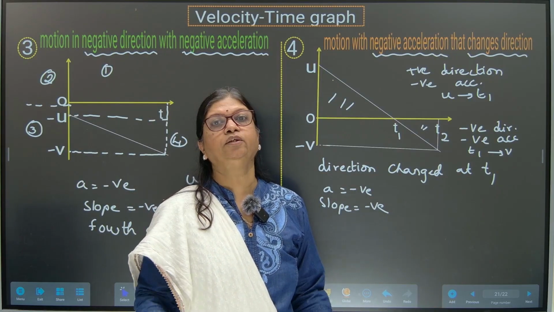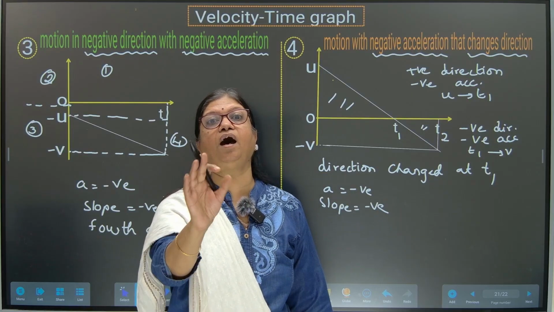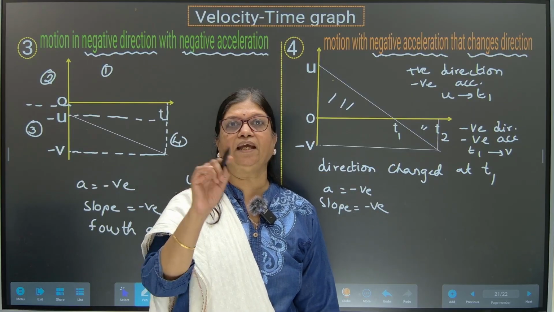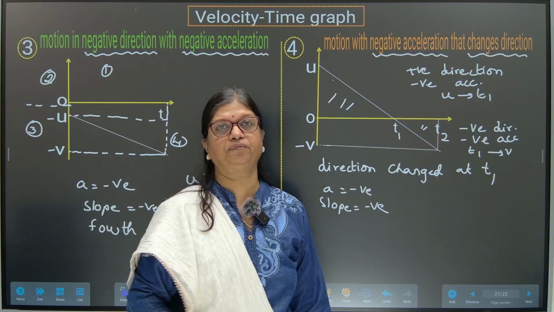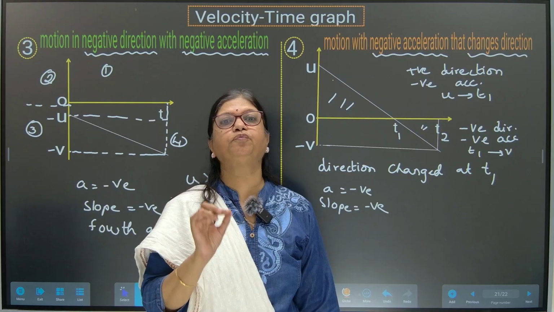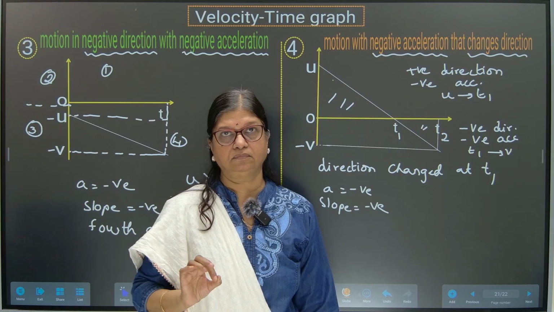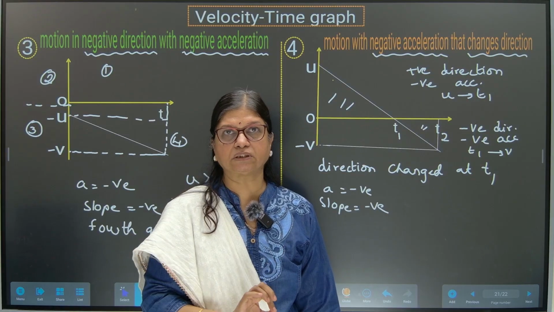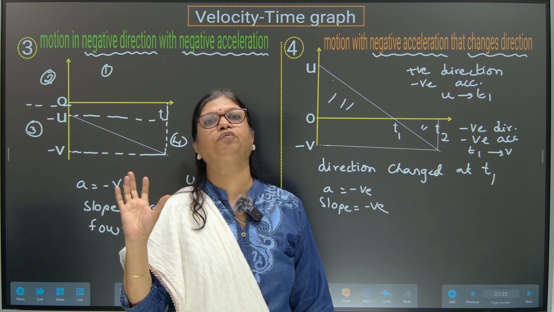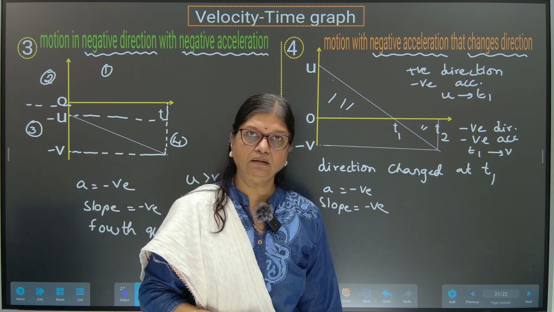Followed? Okay. So area under the graph, let it be a curve also, then also the area under the graph will give me the displacement of the body for its motion from the initial time to the final time. Clear? Okay.